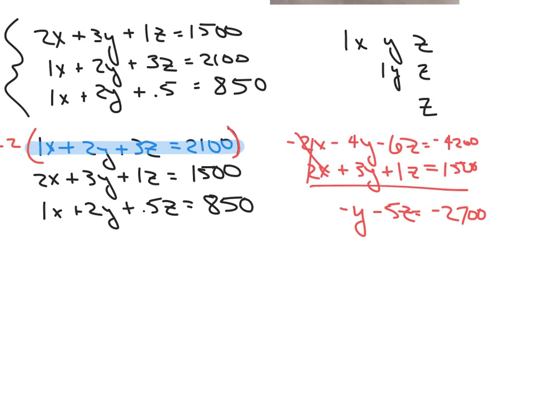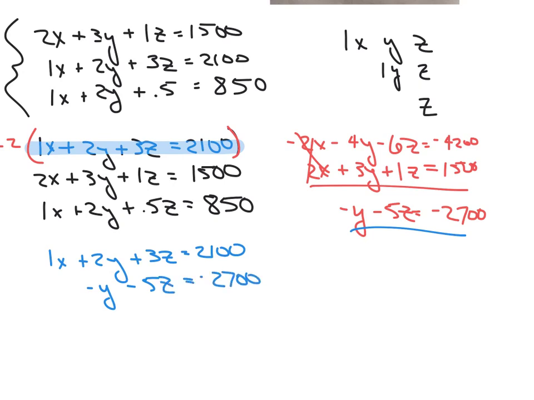Okay, so let's go ahead and write this as we have it right now, and let's do it in blue. So we have our 1x plus 2y, what we have locked here. This is our new second row. And then our third row has had nothing done to it.